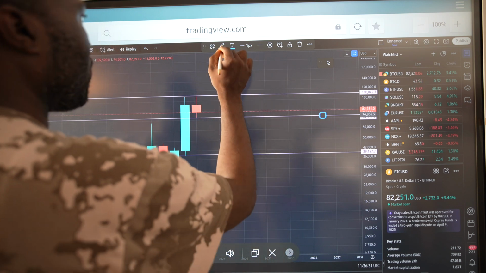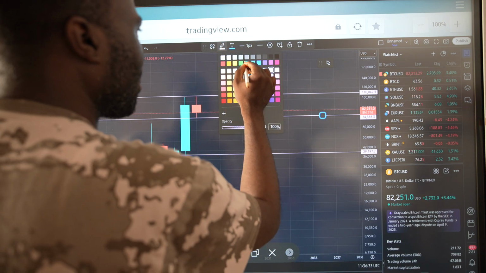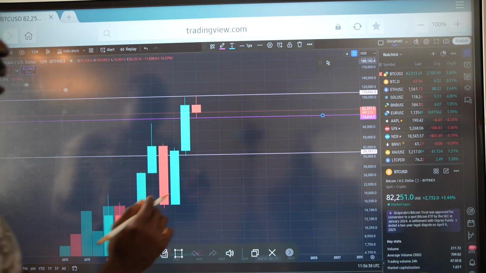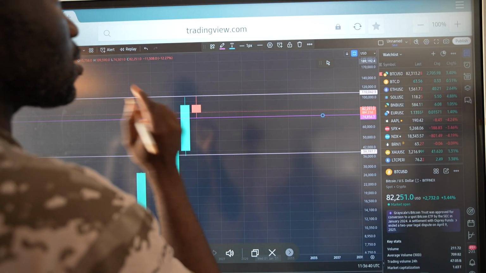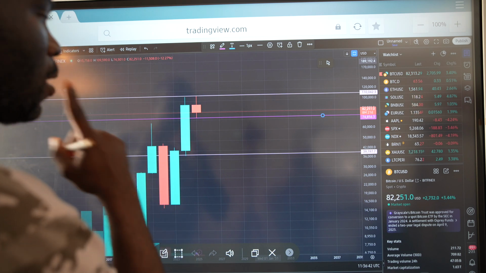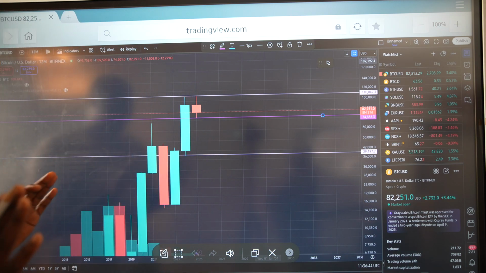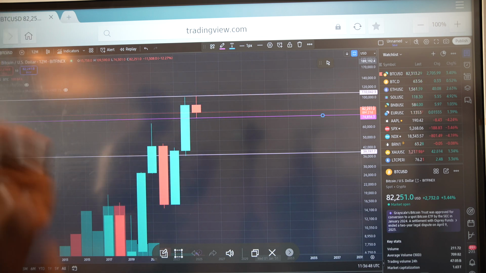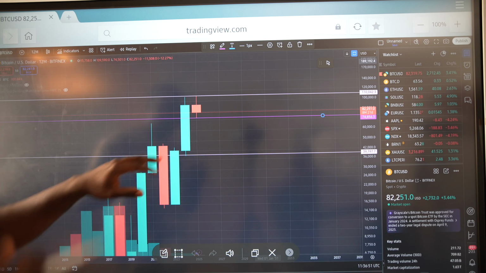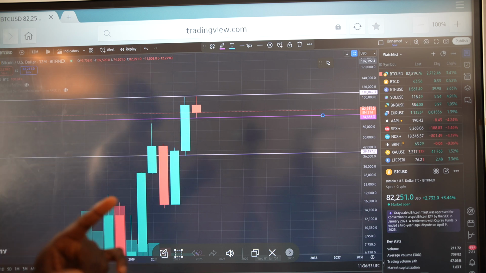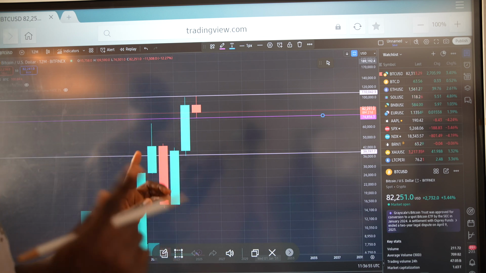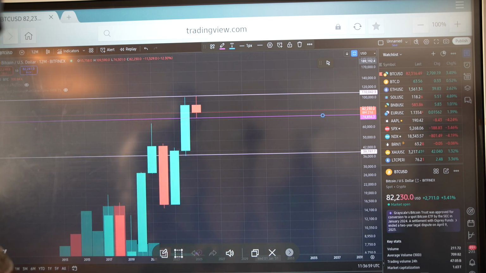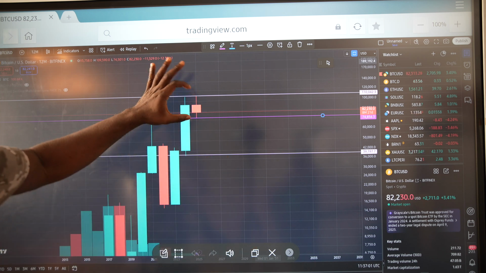Let me change the color of this one so that we get some meaningful difference there. All right, so let me put a text there. Okay, so here, this top at 110 has been like the ultimate top for now, yes? And then here is the bottom in the last 1 year. In the last 1 year, that's between January and now, if I'm not mistaken, this is where we have been.